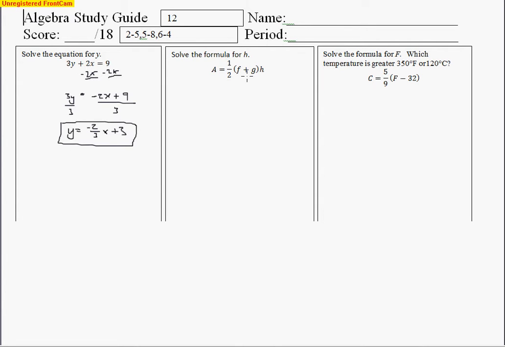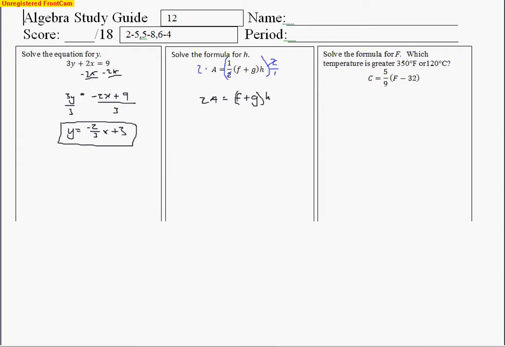And the next one, it says solve for h. I want to get this h by itself. So since 1/2 is being multiplied by the sum and by h, I can multiply the entire right-hand side by 2 over 1. That will cancel out that fraction. What I do to one side, I always do the same thing to the other side. So that way I'm left with 2a equals that sum of f plus g multiplied by h.